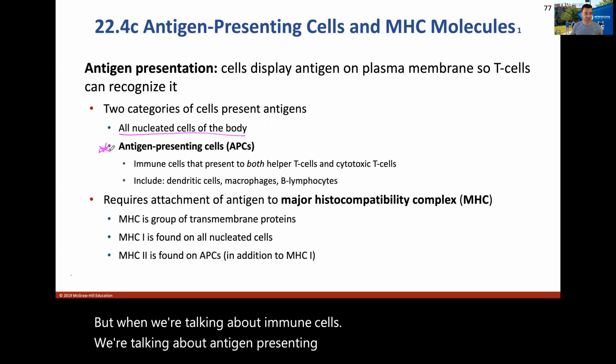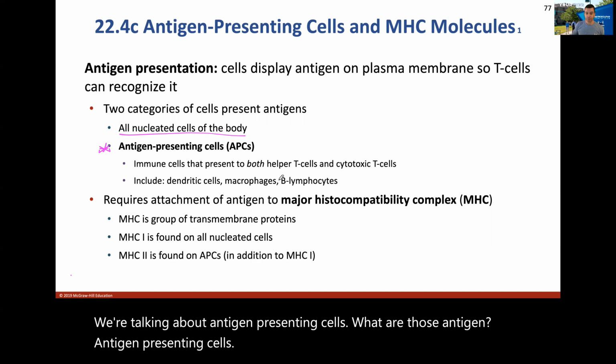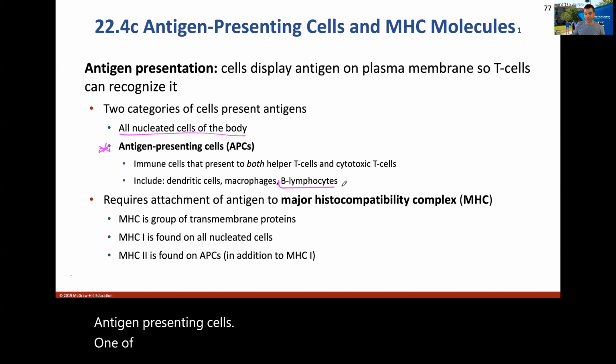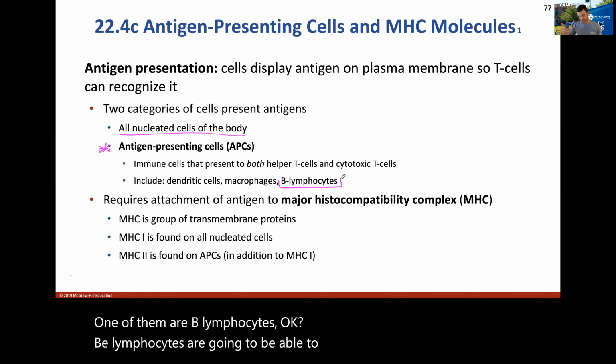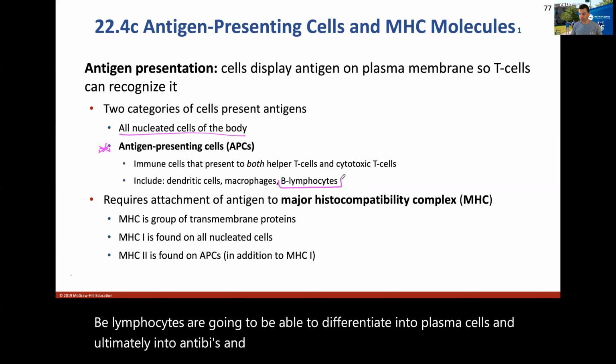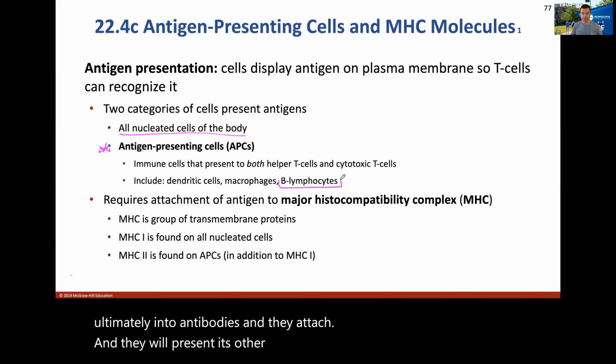What are those antigen presenting cells? Well, one of them are B lymphocytes. B lymphocytes are going to be able to differentiate into plasma cells and ultimately into antibodies, and they attach. And they will present it to other antibodies, mounting an immune response.